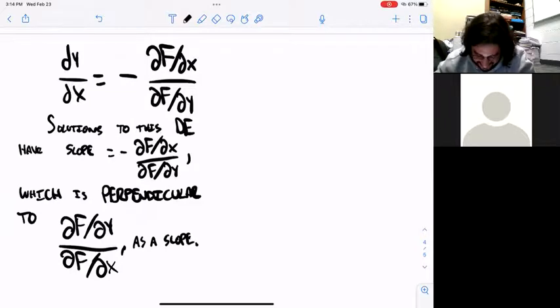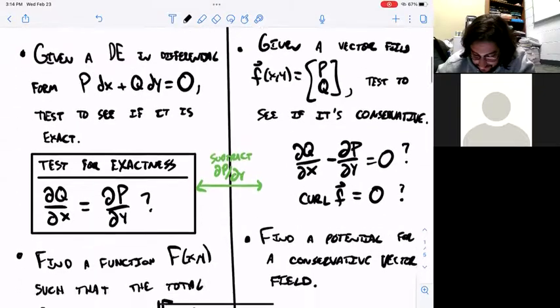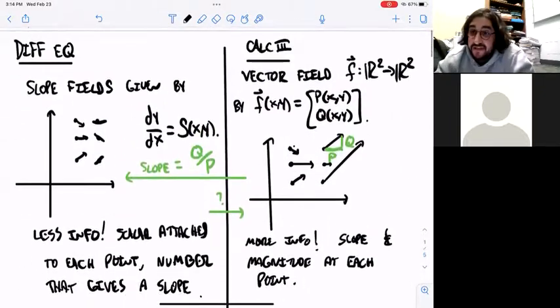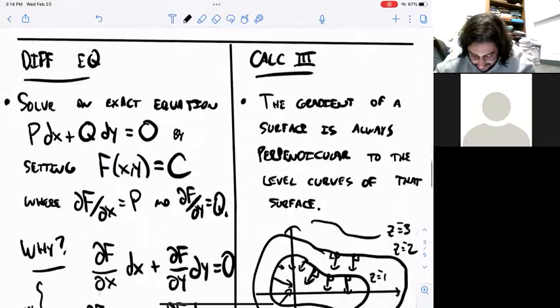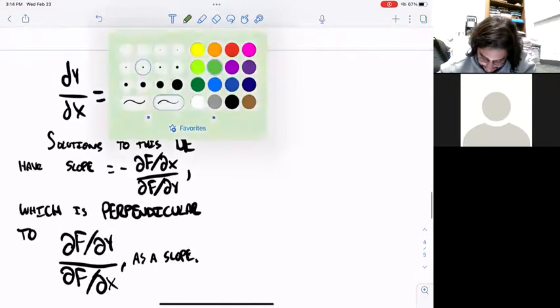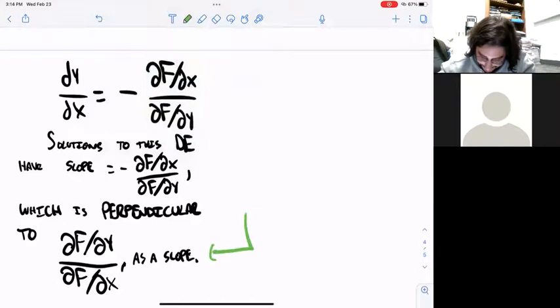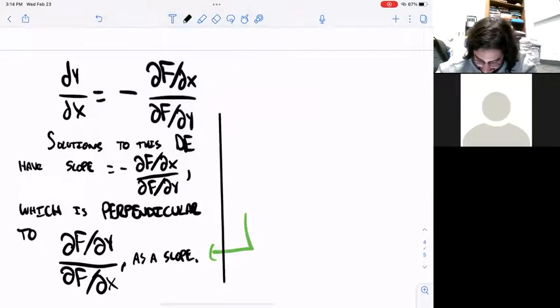Okay, so now think of way up here, I had this one-way correspondence between a vector field and a slope field. So one way that you can write down a vector field that would correspond to that slope field is you could say this would be the slope. Now I'm crossing back over to the Calc 3 side here.